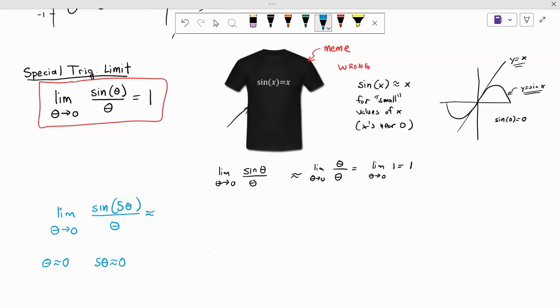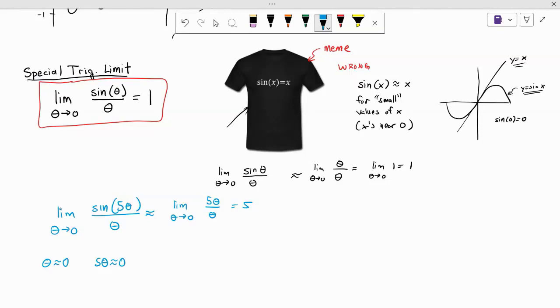So sine of 5 theta should be approximately 5 times theta. So this would be 5, and that's what we expect to be true. You often eyeball these limits by using small angle approximations.